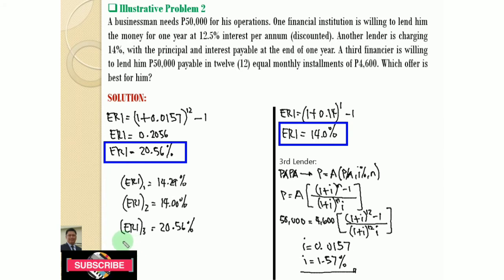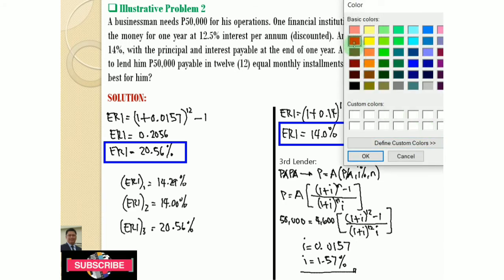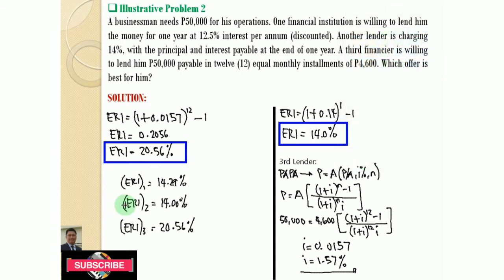So in this case, we have now this second ERI actually, which is now the lowest. Okay, so this would be now the best offer, which is the second financier actually.